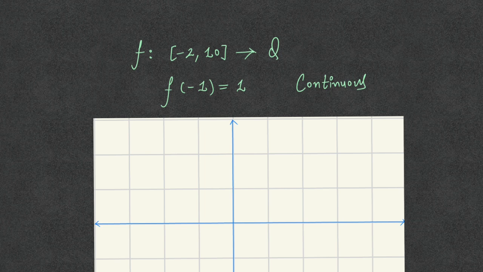So from here we can conclude that this function is a constant function which always gives 1 as output. At x equal to -1 it gives you 1, and for every input it will give you 1 as output.